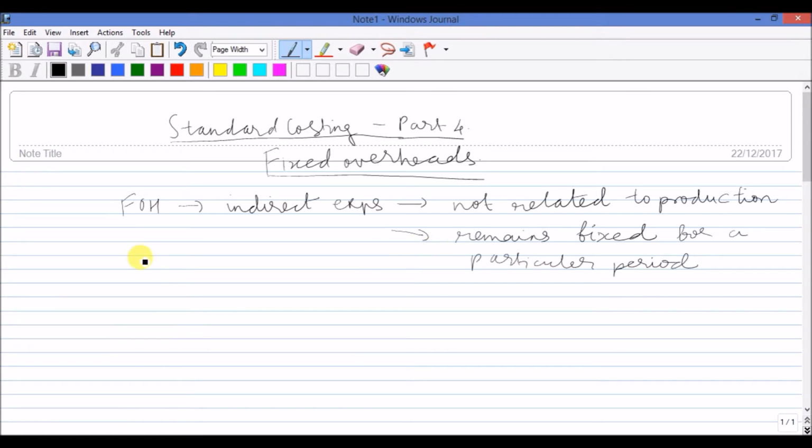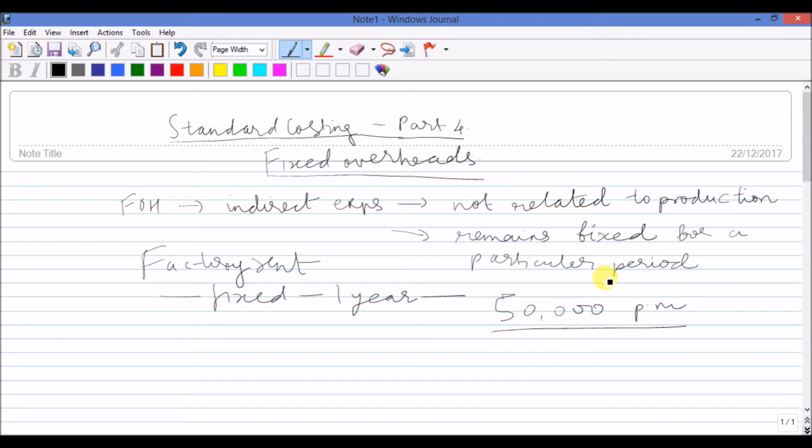For example, we are going to pay a factory rent. So this rent is fixed maybe for 1 year, and say it may be 50,000 per month. So this 50,000 can be classified as fixed overheads.